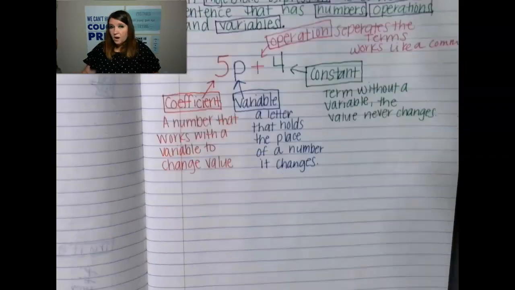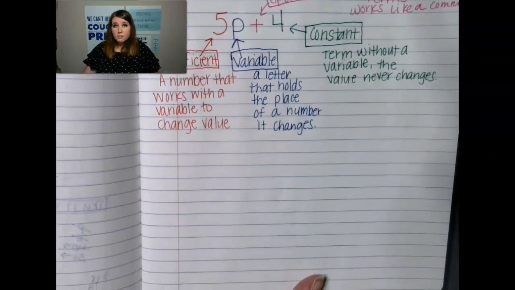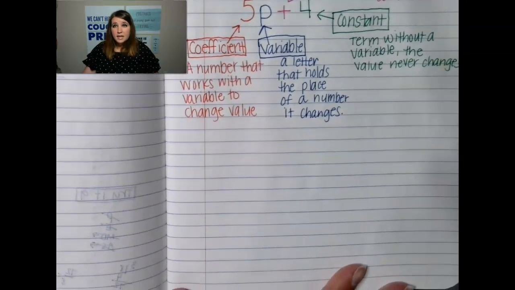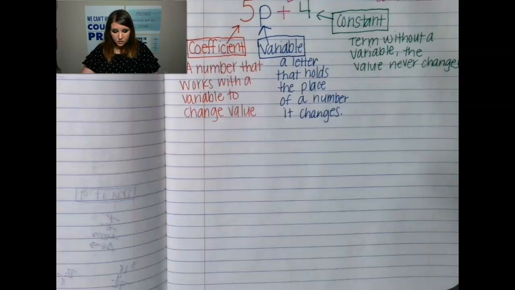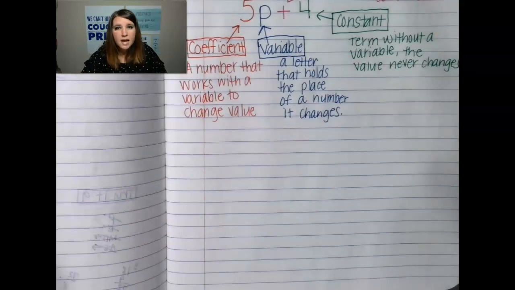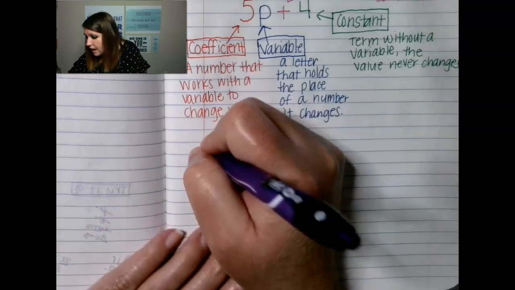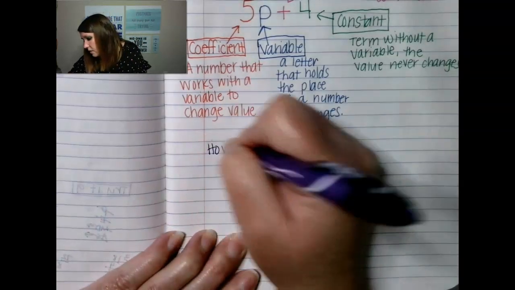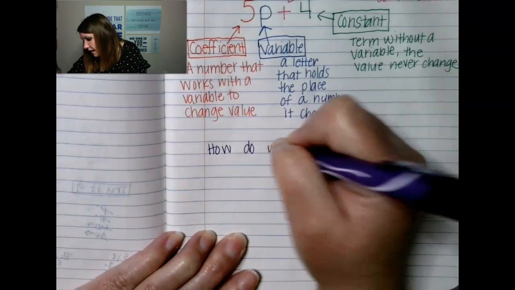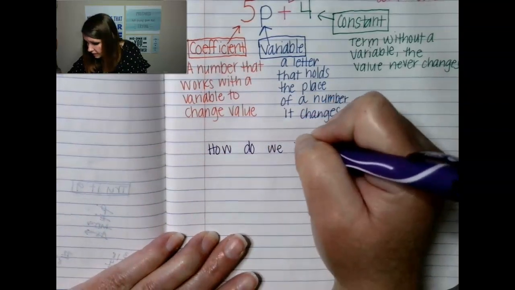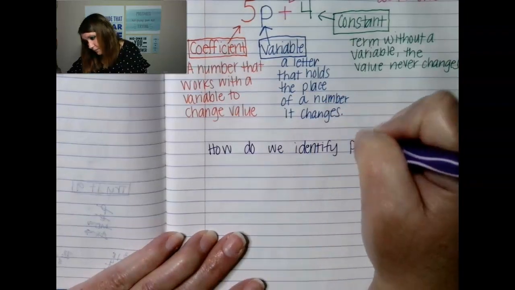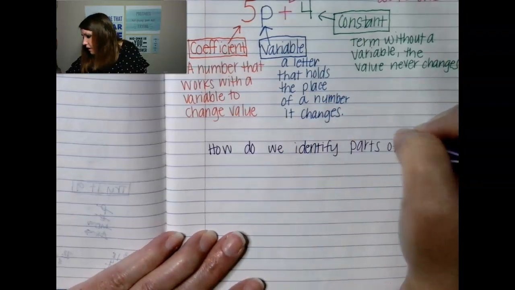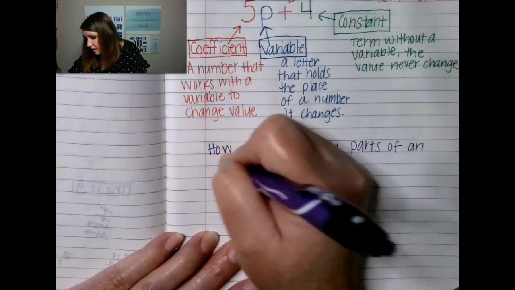So now we're going to sort these terms into different categories. So how do we identify parts of an algebraic expression? That is our question.